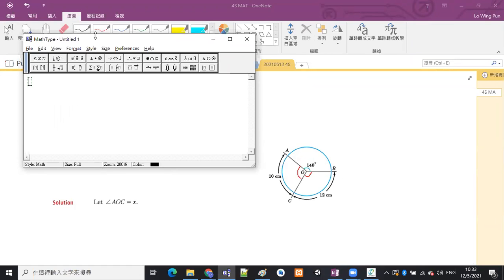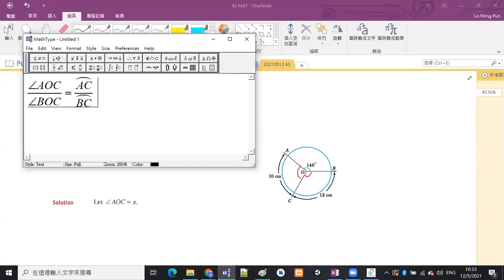So we do not know the angles, right? So we just write angle AOC over angle BOC. Okay, the angle ratio is equal to the arc ratio, arc AC over arc BC.